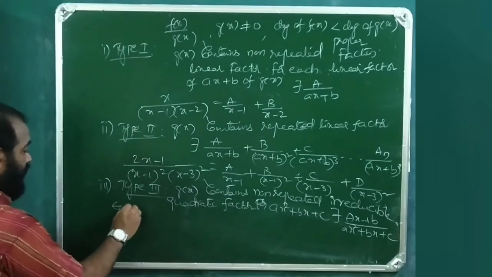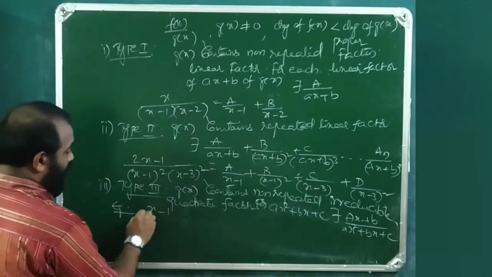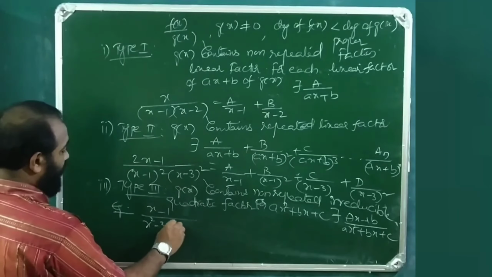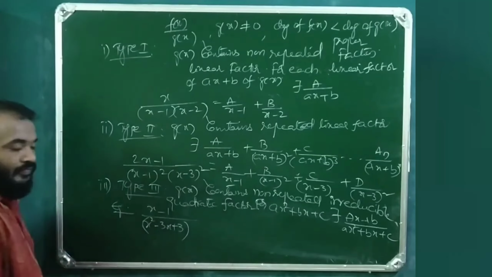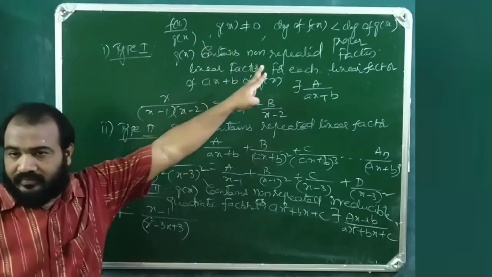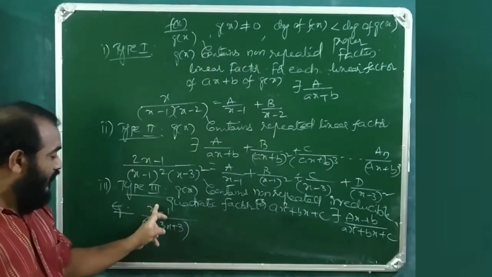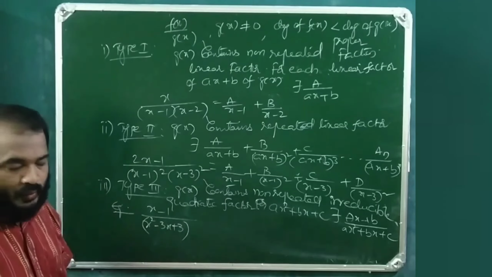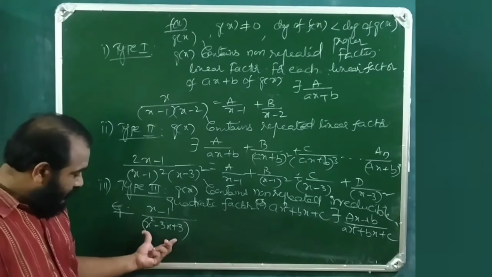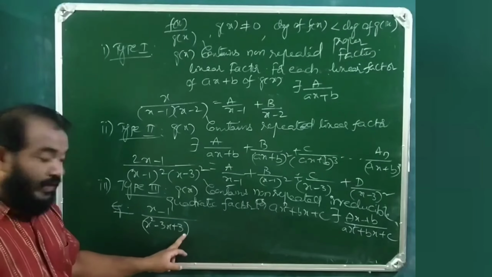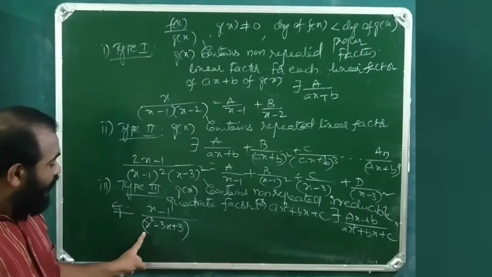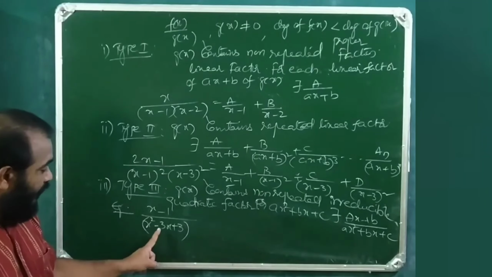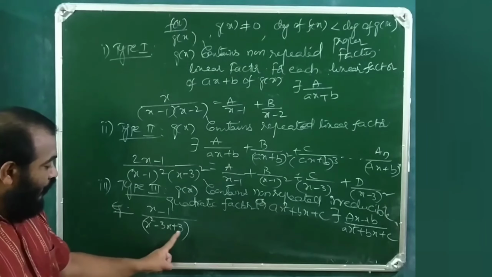Example, (x minus 1) by (x square minus 3x plus 3). So this is a proper fraction, with the degree of f of x being 1 and the degree of the denominator being 2. So 1 is obviously less than 2, and this is of the form ax square plus bx plus c. If you find b square minus 4ac, the discriminant, we will be getting 9 minus 4 times 3, which is 12.